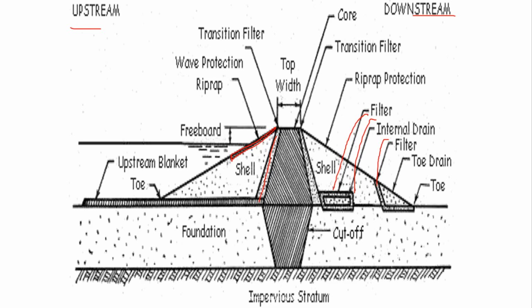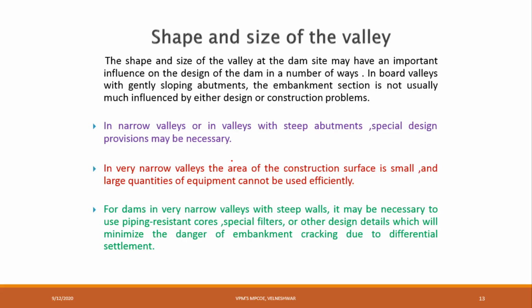Next, shape and size of the valley. The shape and size of the valley at the dam site may have an important influence on the design of the dam in a number of ways. Generally, dams have a shape and size; it may be triangular, it may be trapezoidal. This will be based on our location and the availability of material.